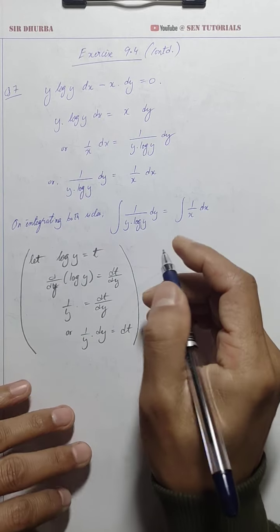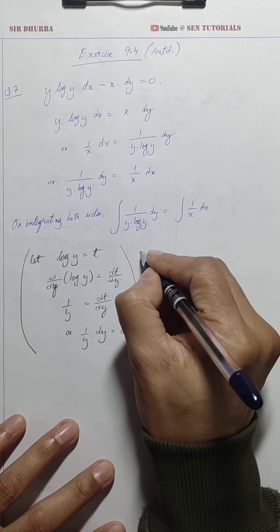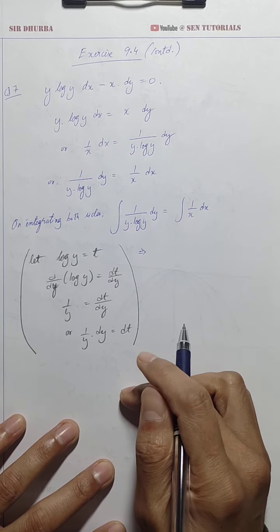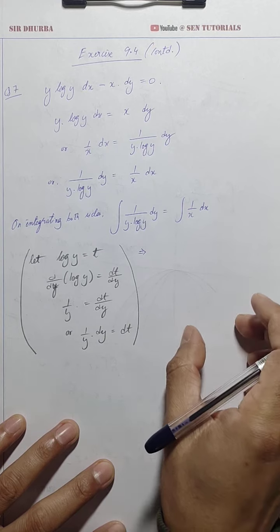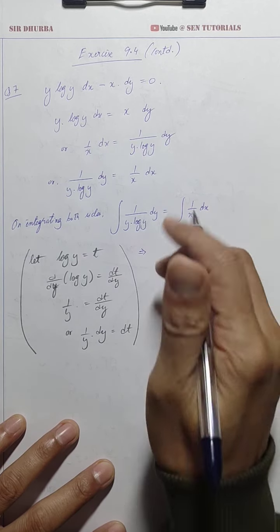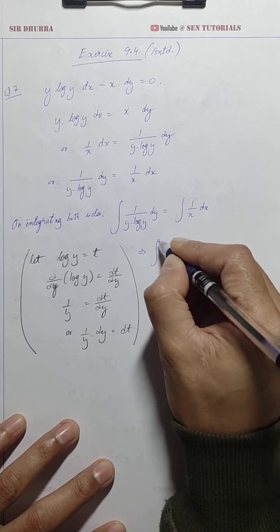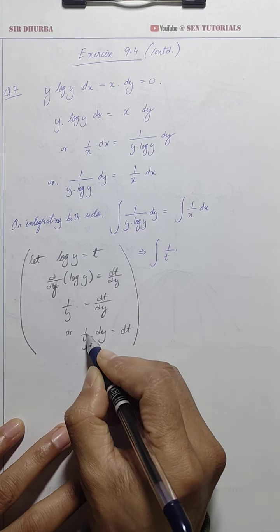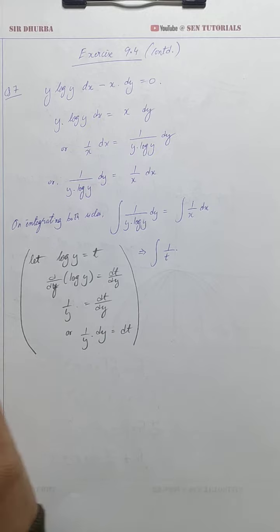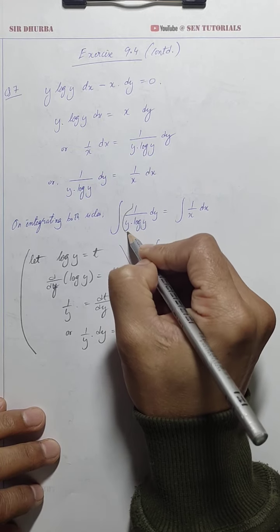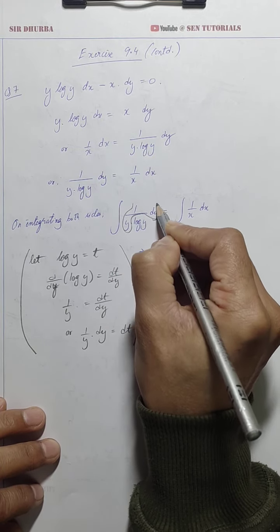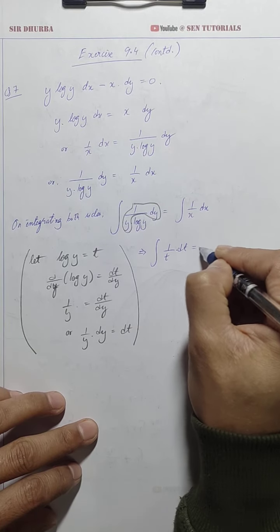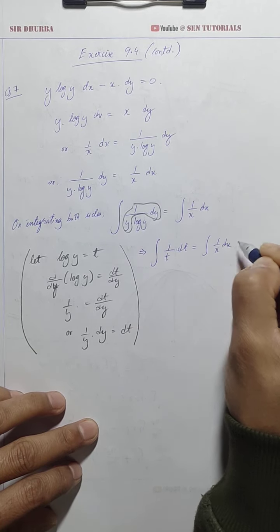So on this side we can write: 1 by log y is t, and 1 by y dy is dt. Now the substitution method, 1 by x dx.